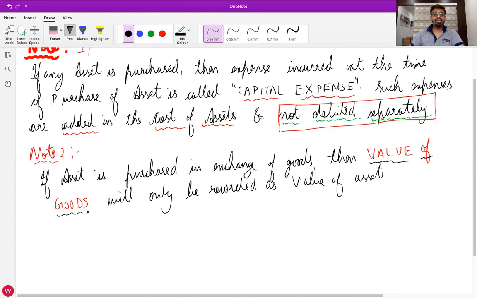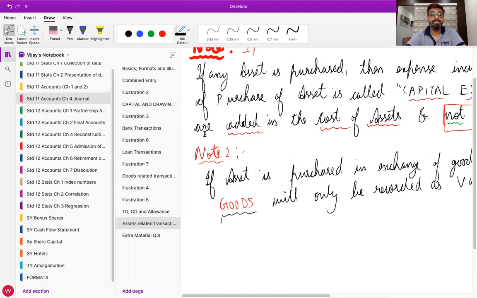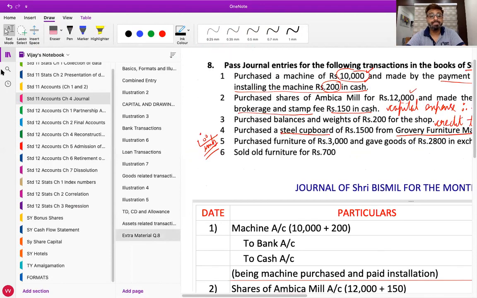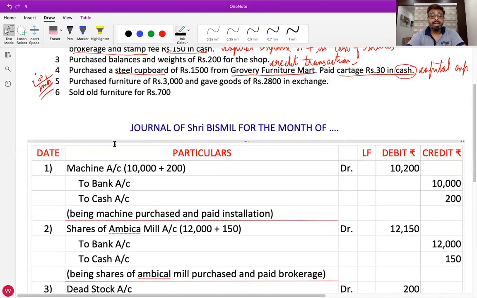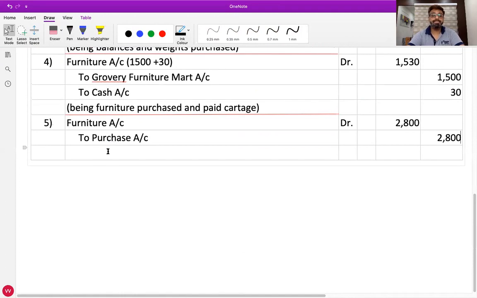Did you all understand this? Yes, sir. The 2800 value of goods itself we consider as the value of furniture over here, okay? Now, being furniture purchased in exchange of goods.